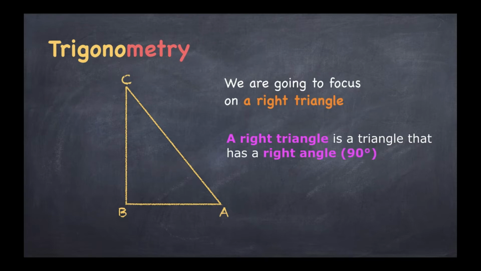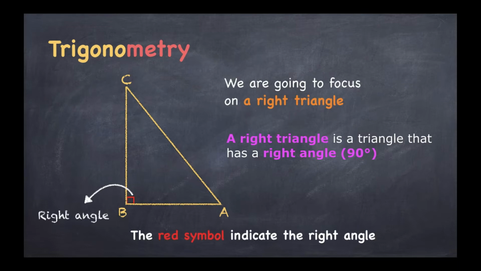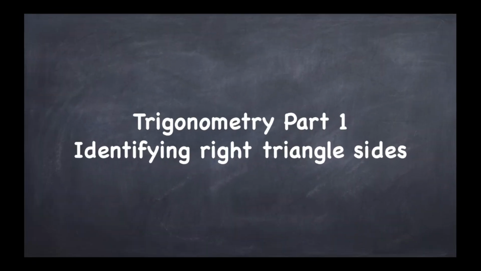A right triangle is a triangle that has a right angle, or a 90 degrees angle. The red symbol here indicates the right angle. And for now, we are going to focus on how to identify the right triangle sides.